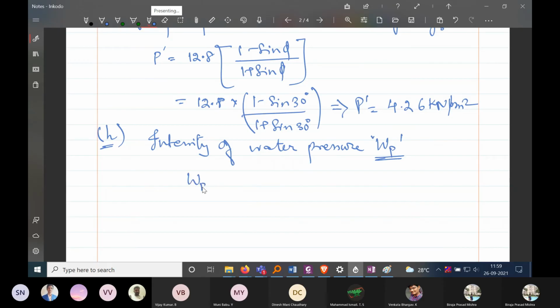So WP equals the density of water into the height. The density is 10, so 10 into 3.3. So that is 33 kilonewton per meter square. That's it.